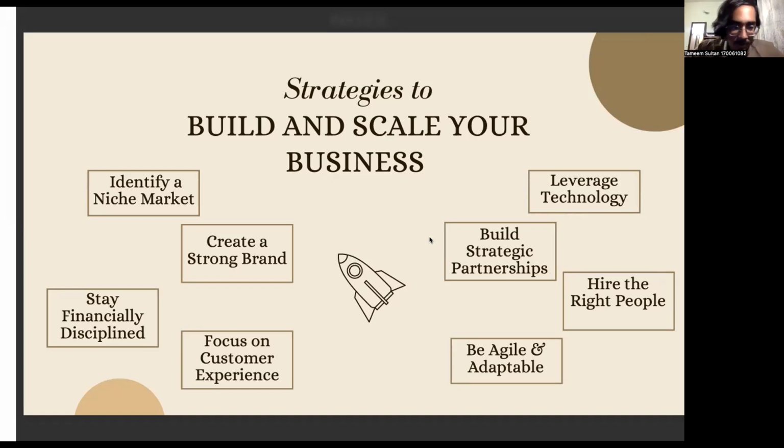Invest in their development and create a positive work environment to keep them engaged and committed. And then stay financially disciplined. Establish sound financial practices such as budgeting, forecasting, and managing cash flows to ensure your business stays profitable and sustainable. So these are the strategies that I think have great importance in maintaining growth.